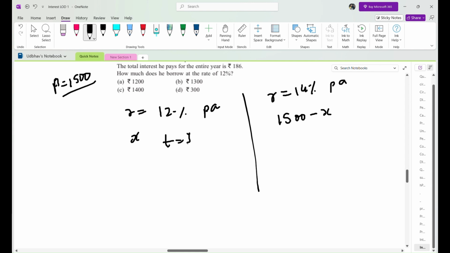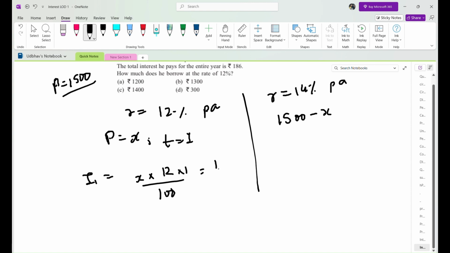So time is 1, principal is X. So interest 1 equals X into 12 upon 100 into 1, 12x upon 100. Interest 2 equals 1500 minus X into 14 upon 100 into 1.